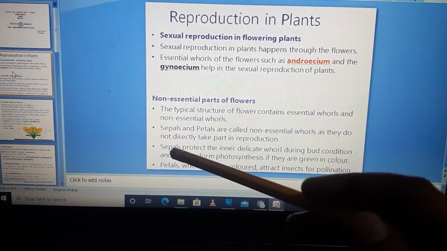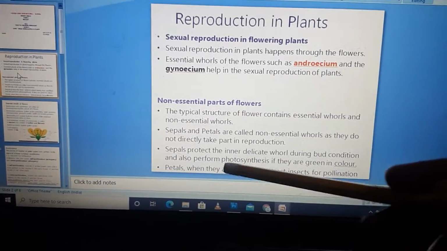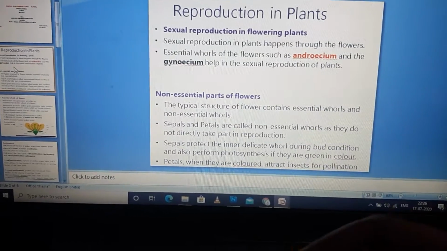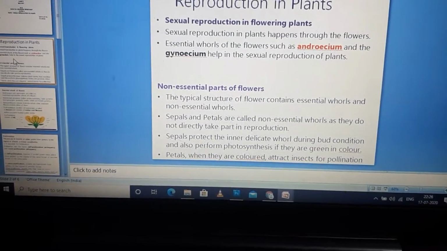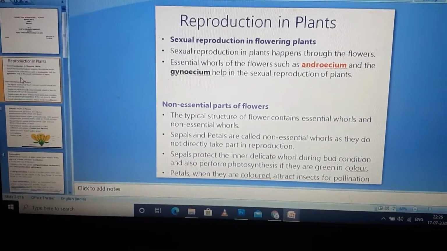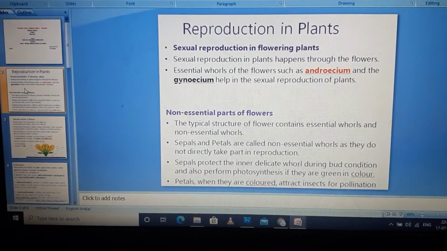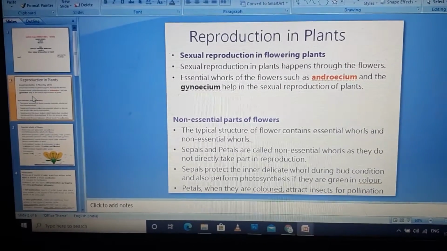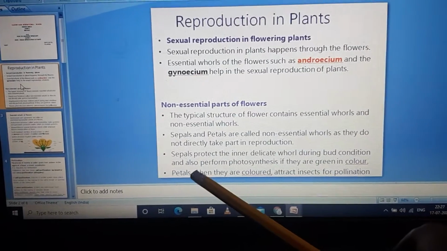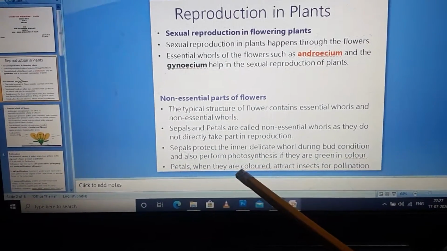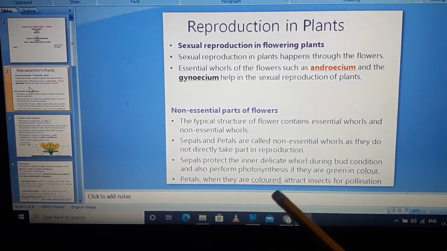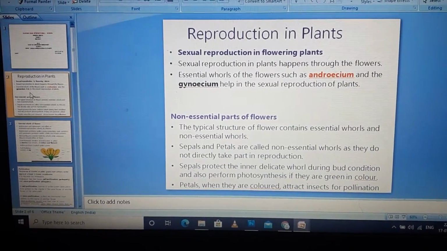The sepals, which are green in color, usually protect the whorls, the gynoecium and androecium, during the bud condition, and the petals, which are usually colored, attract insects for pollination.